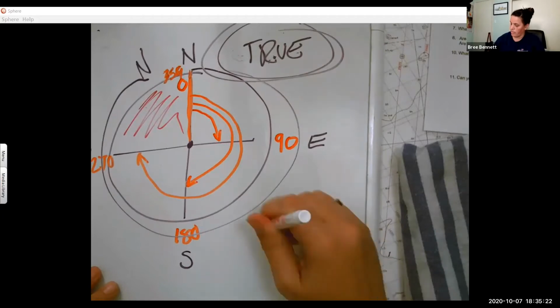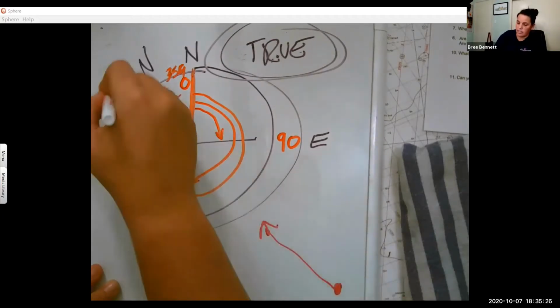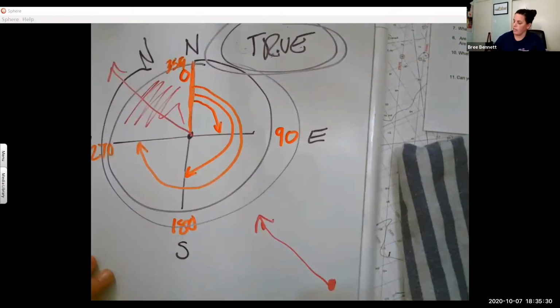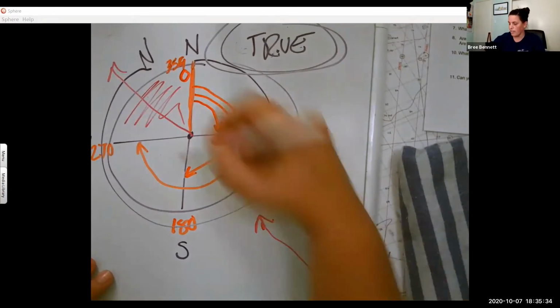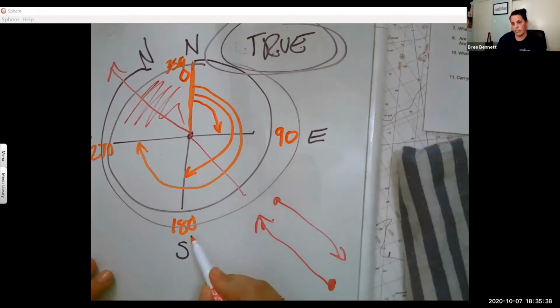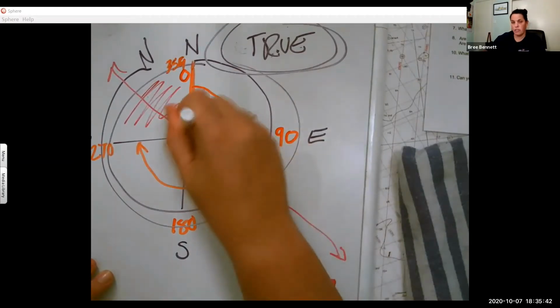If we're going this way, we start from the center, and it's going to be between 270 and 360. If we go this way along that same line, it's going to be between 090 and 180. So we always start from the center.